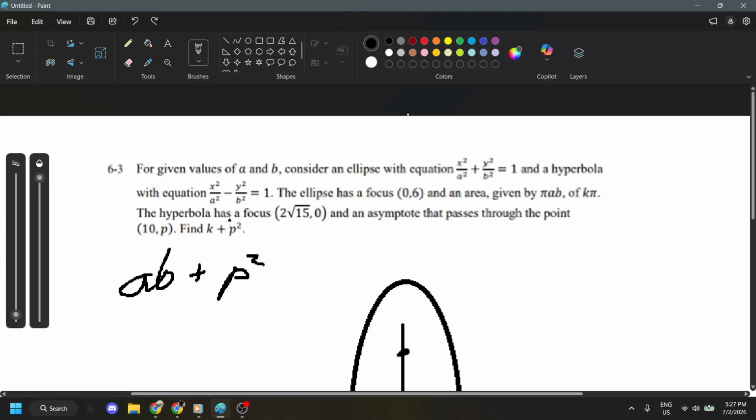So I'm just going to look up the ellipse focus equation, on my phone. Foci of an ellipse.